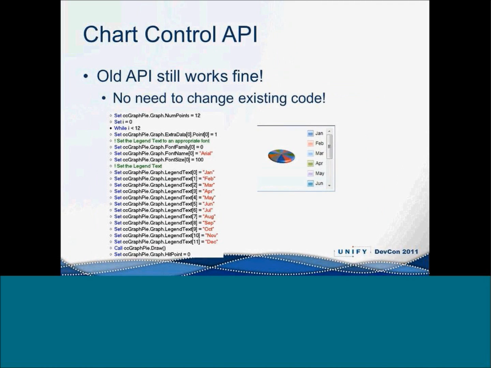So the chart control API is the next very important point. The old API still works fine, so there's no need to change existing code. You can see, for example, this is the old code snippet to display something like a pie chart with date information from a special month, and we pass some points in an array into this control, and then we set legend tags, we display something, and we draw the charting.